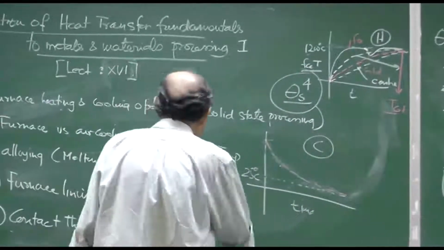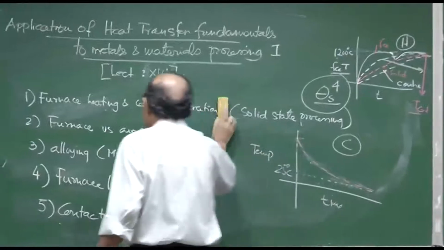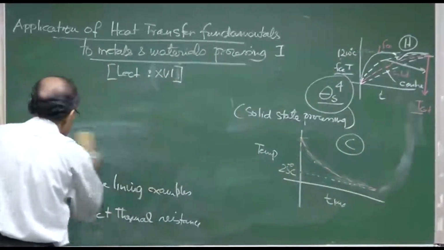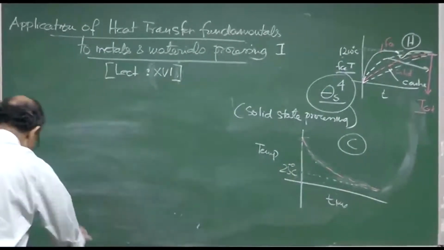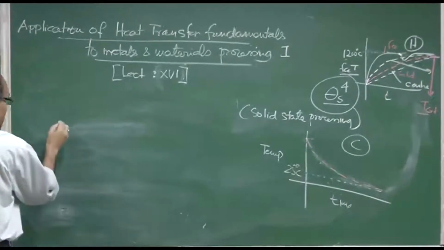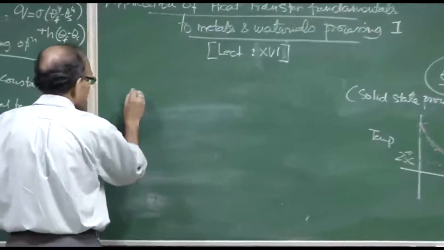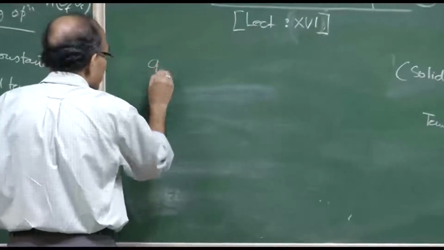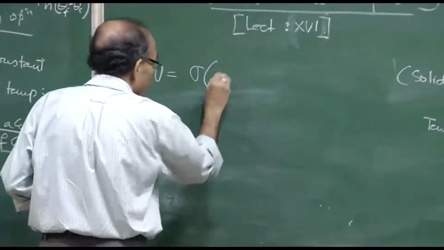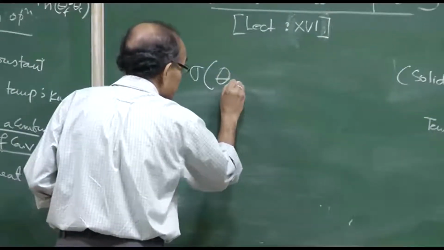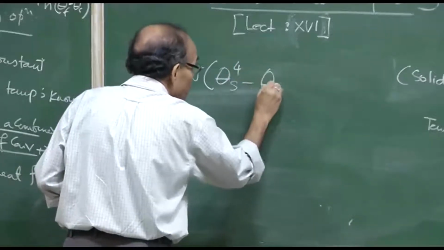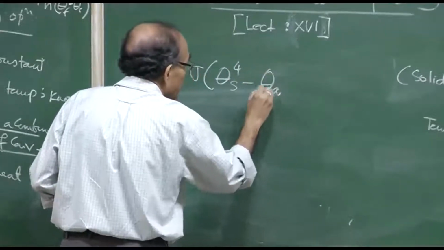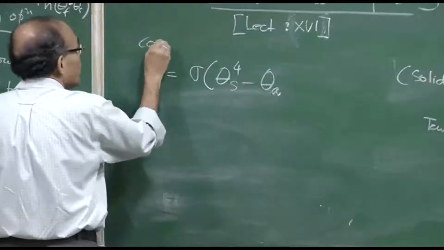And if you consider a cooling problem, in that cooling problem the heat flux is going to be sigma. Now, the surface is at a higher temperature and the ambient is at a lower temperature. So, this is our cooling.